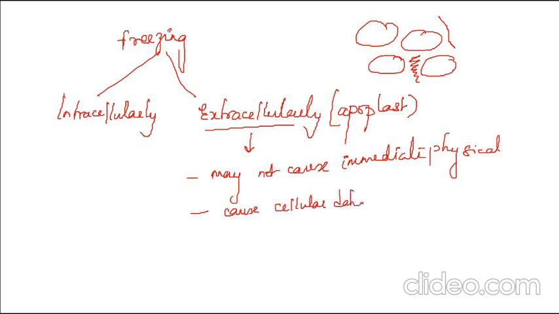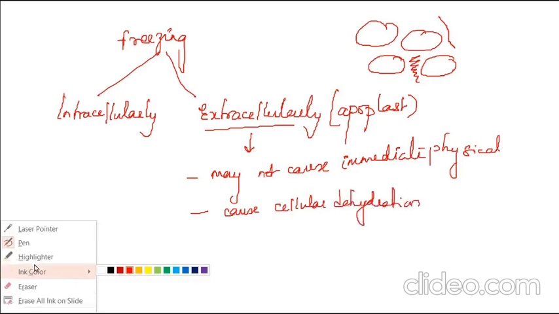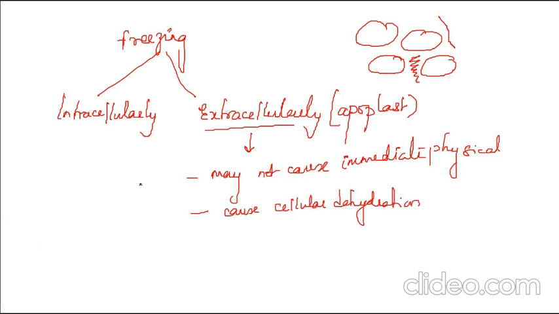Now, how do they cause cellular dehydration? Once the ice crystals are formed in the extracellular region, they are combining the water molecules. The free water molecules are not available in this region anymore, so the solute concentration in the extracellular region increases, because the water molecules became less.